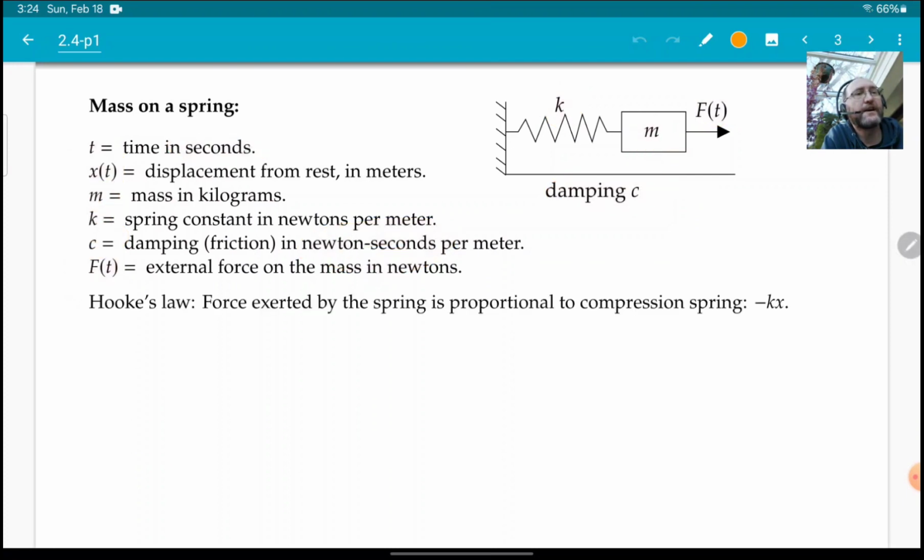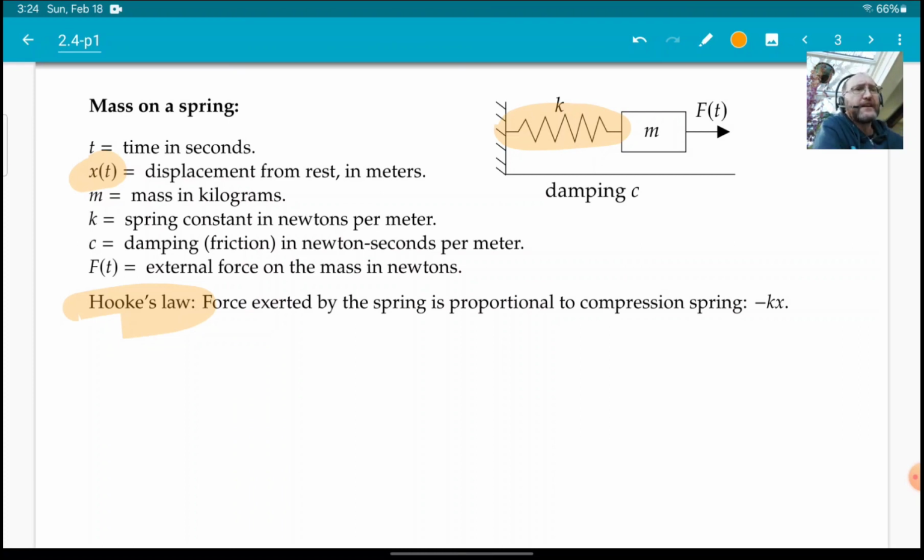All right, so how do we set up the equation that this is supposed to satisfy, right? It should be an equation for x, right? So first, we look at Hooke's law, which is what the spring does. So the force exerted by the spring is proportional to the compression of the spring, or to how far you pull it.